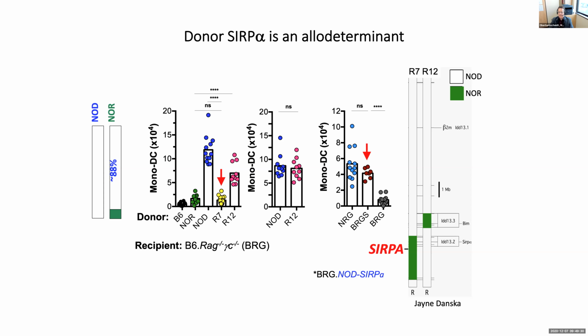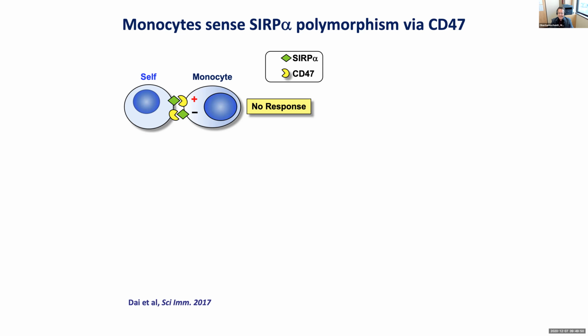So how do we think this works? We think, as you know, SIRP alpha and CD47 are commonly thought of as the do not eat me signals. CD47 is present on all nucleated cells and on RBCs too, on all cells. And monocytes have SIRP alpha on their cell surface as well as CD47.